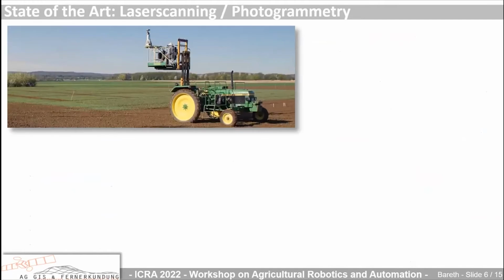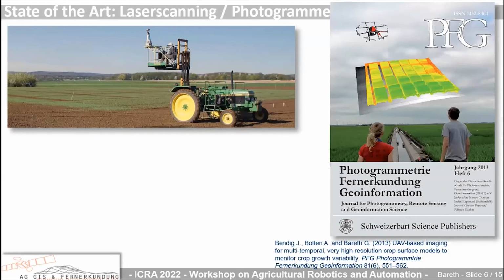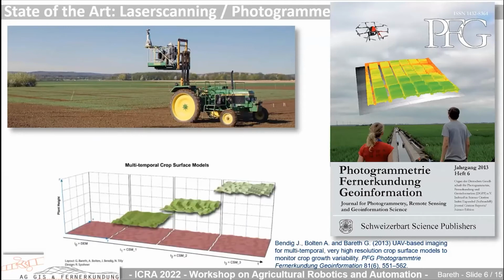So the state of the art, from my point of view, is this. For example, terrestrial or mobile laser scanning can be applied at the field level. With UAVs, it's proven that if you create multi-temporal digital surface models, you can measure height with an error of 3 to 4 centimeters, in a spatial resolution also of centimeters, at the field level.